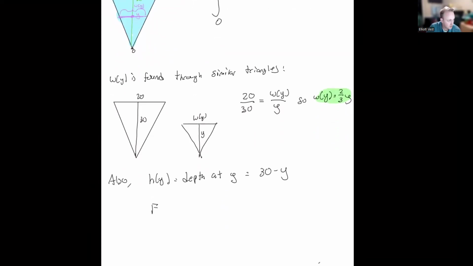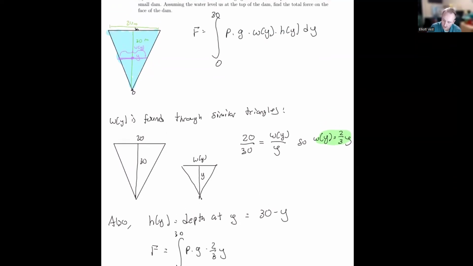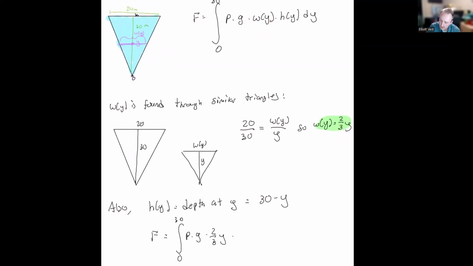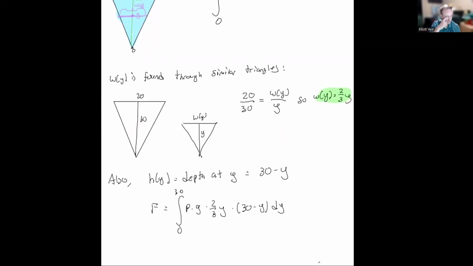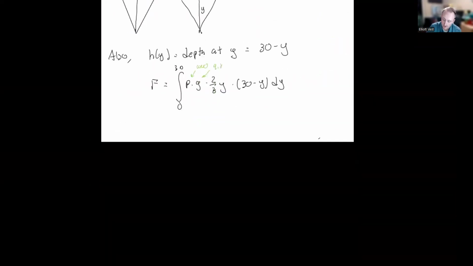That gives us that force is equal to the integral from 0 to 30 of rho times g times 2/3 y for width of y, times height or depth of y, which is 30 minus y. And then we have that dy tacked at the end. Since we know these constants are 1,000 and 9.8, since we're working with water here, water is always 1,000 kilograms per cubic meter.